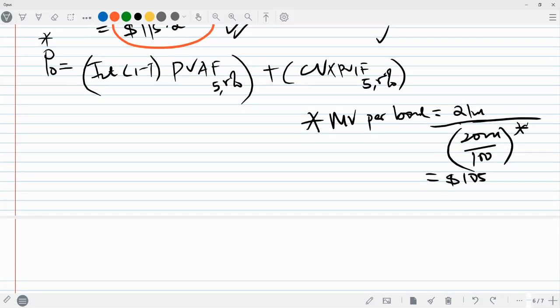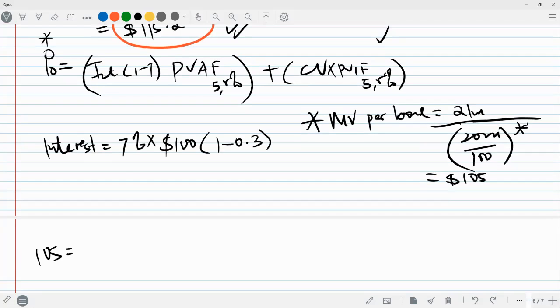Therefore 105 is equal to the interest. So you may want to get the interest here, working out the net interest expense of the company. This bond is paying interest at a rate of 7% per annum. 7% multiplied by the nominal value of 100, less tax, net of tax times 0.7, gives us 4.9.